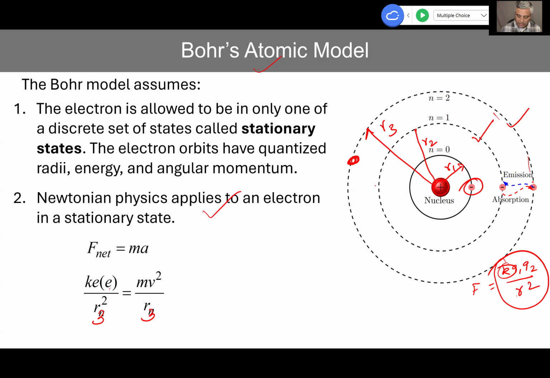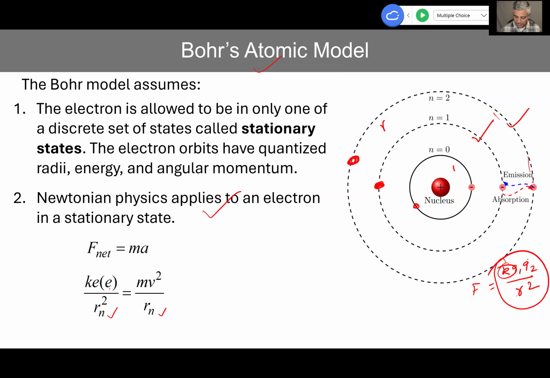When it is at this orbit, we write 2. When it is here, then 1, and so on. We don't know where it is, so we say wherever it is, on the nth level of that orbit, and we write the subscript for that.